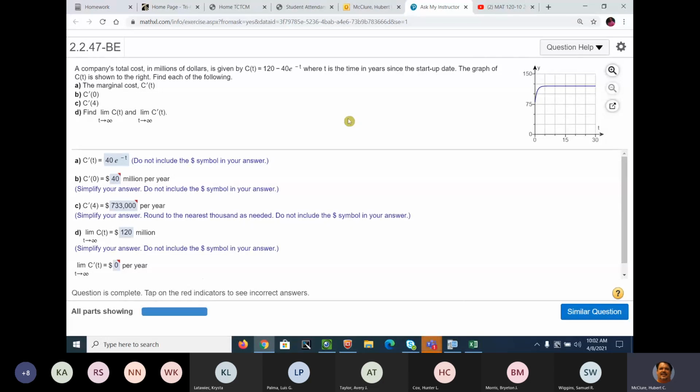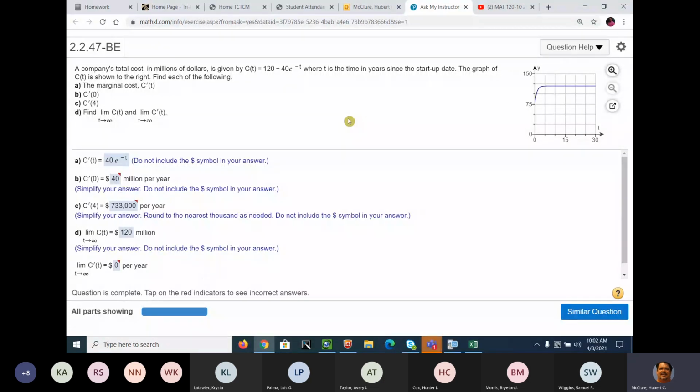Give up, exactly. Before you even start this question, you think about going to the next question. Why? Because it presents itself as being complicated, and it's not. But I don't like this as a test question because it would discourage you from even trying it. Okay, a company costs blah, blah, blah.